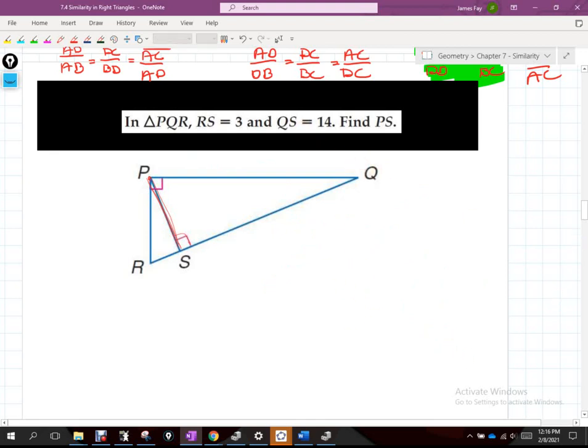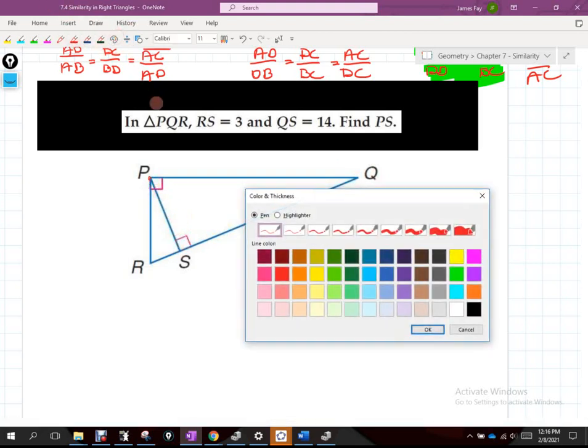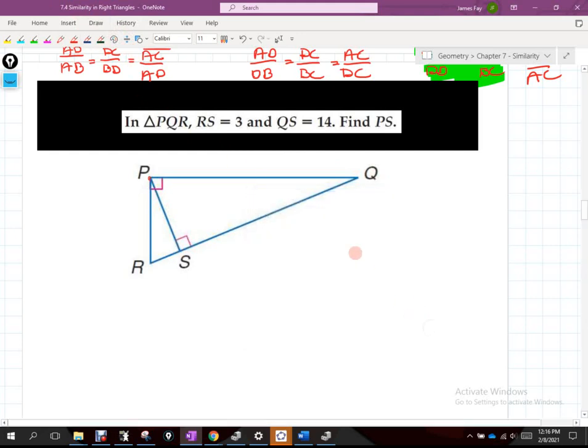So we have the conditions that are needed. I'm going to go through and plug in the information they provide us. They say RS, so you know that distance right there is 3. You know that QS, that distance there, is 14. Find PS. I'm going to let PS be X. Okay. The previous corollary says that this altitude is the geometric mean.